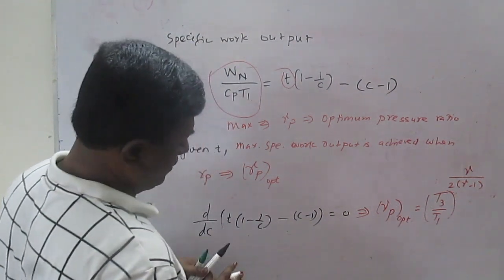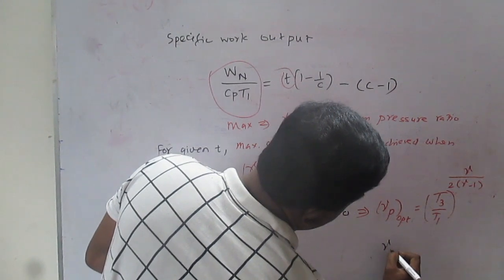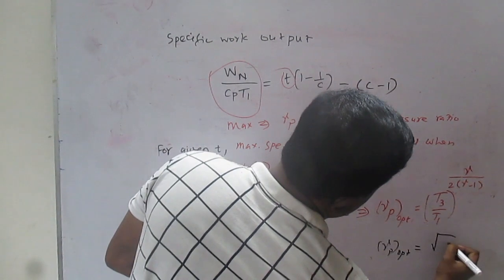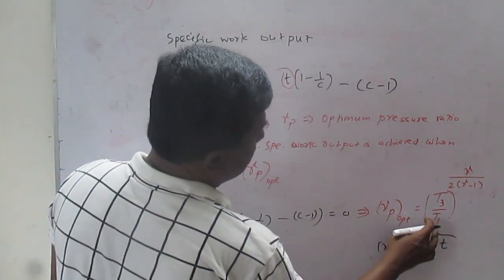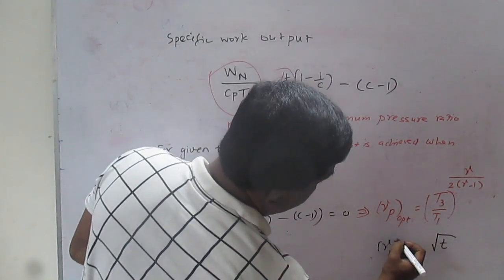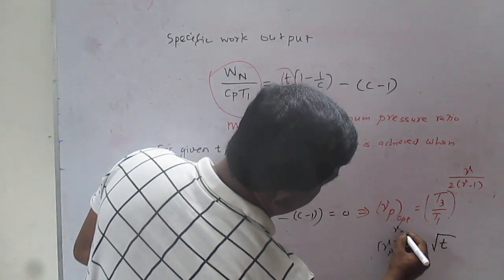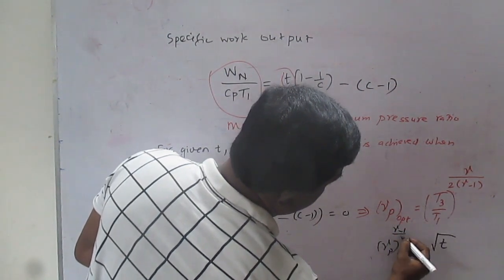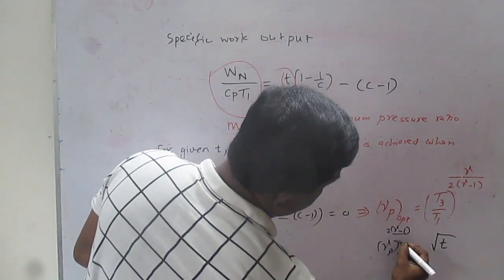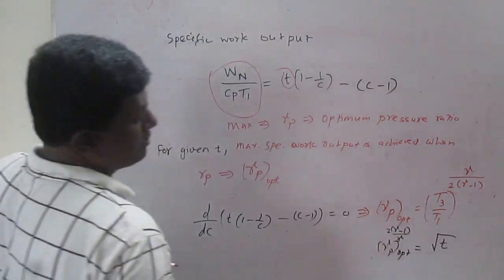It means RP optimum is nothing but root T, because RP power 1 by 2 into gamma, this is what we are getting.